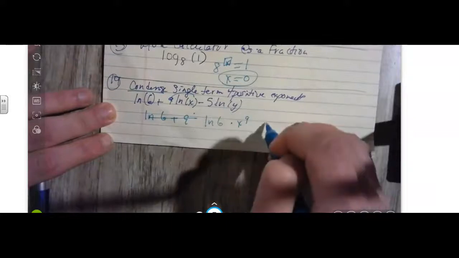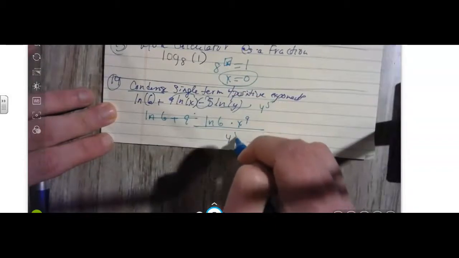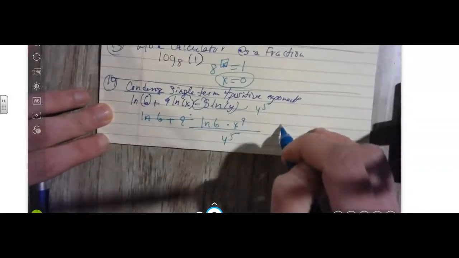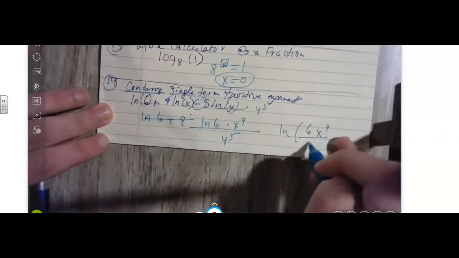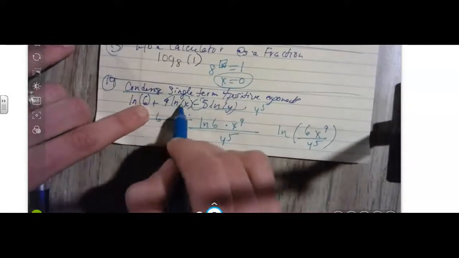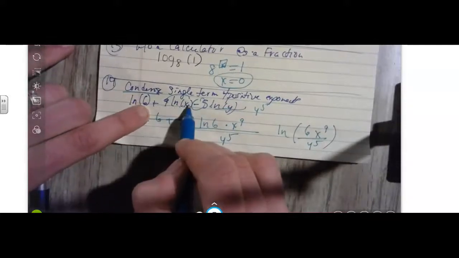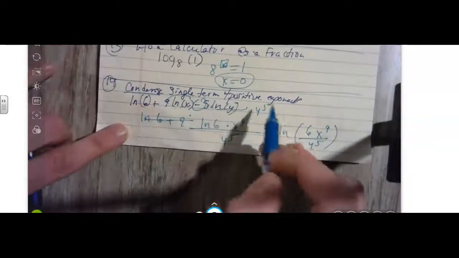And then this one's going to be y to the 5th, but since subtraction goes to the denominator, it's going to go down here, y to the 5th. So therefore, this whole thing is going to be ln of 6 x to the 9th over y to the 5th. So here you have the product, because you're adding. You bring the 9 up using the power rule reversed, and you bring this 5 up using the power rule reversed. And that's what's happening there. Okay, so that's our final answer for that one.